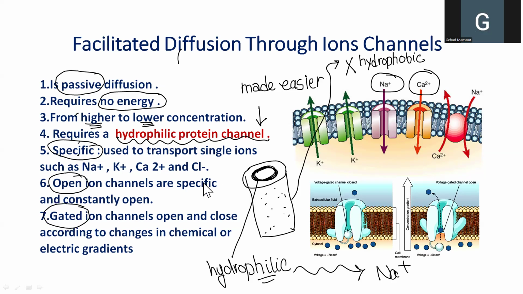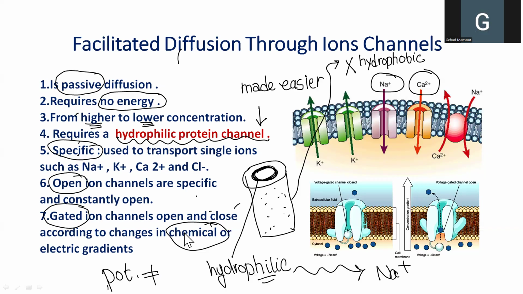And when we mean the electric gradient, we mean the potential difference across the cell membrane, or it depends upon the chemical gradient, meaning the difference in concentration between the outside and inside. Is it big enough or not big enough? At a certain chemical gradient or at a certain potential or electrical gradient, there will be the decision to open the channel and allow the passage of ions.